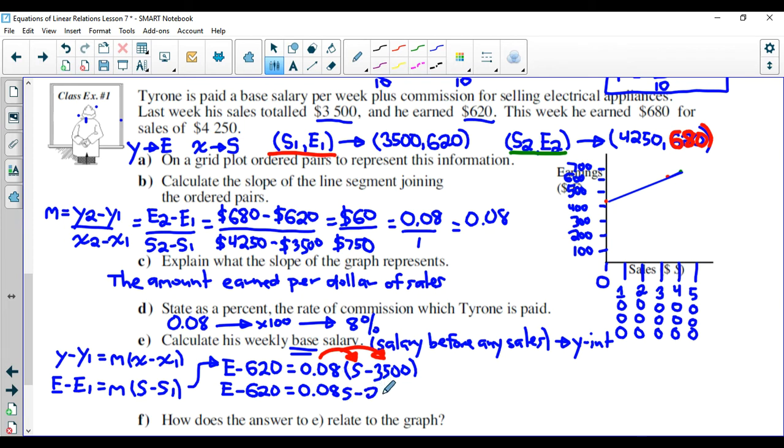That should be 280. So we're going to subtract 280. To get it in y equals mx plus b format, just add 620 to both sides of the equation. Add 620.